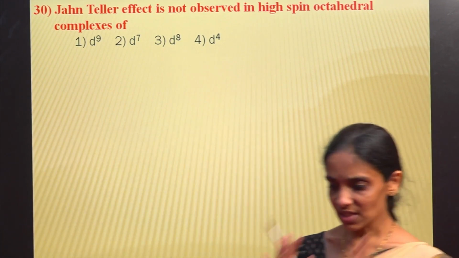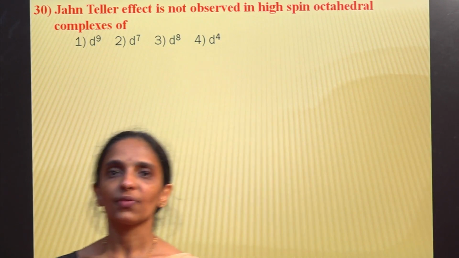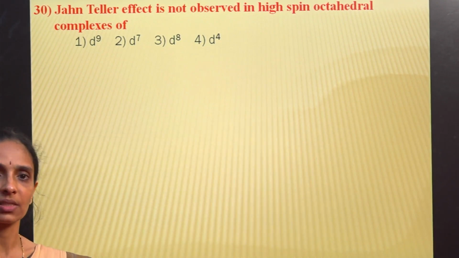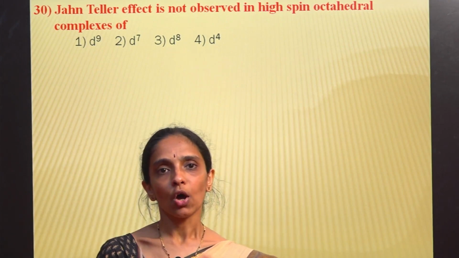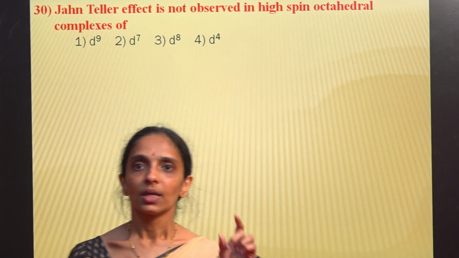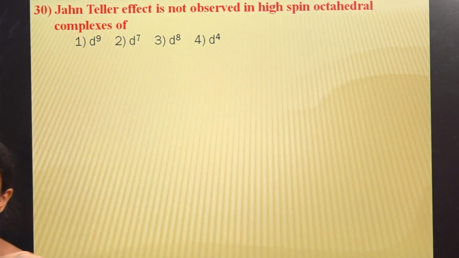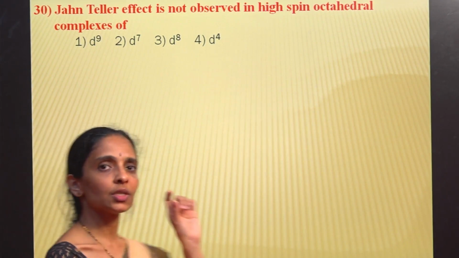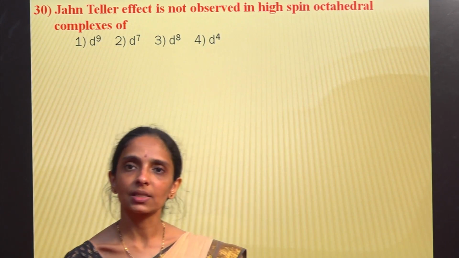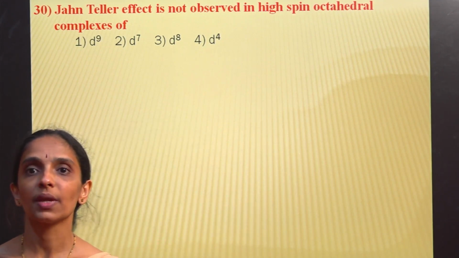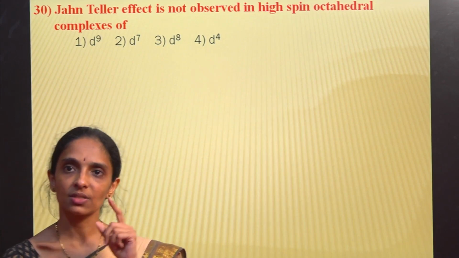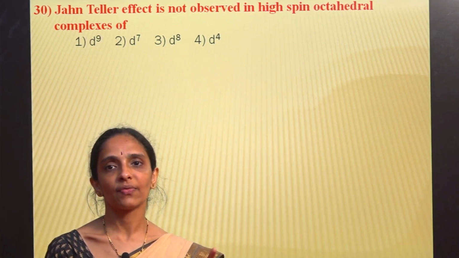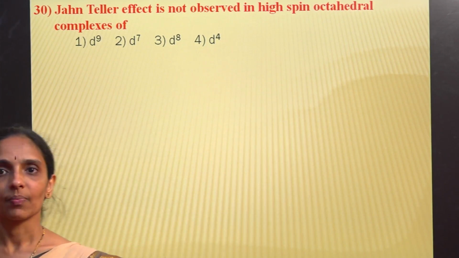Actually, this is a phenomenon because of which in octahedral complexes, opposite bonds will either be elongated or compressed. The criterion for the Jahn-Teller effect is that the configuration of the central metal in the complex should be unsymmetrical. Only with unsymmetrical configurations do we see this particular effect.